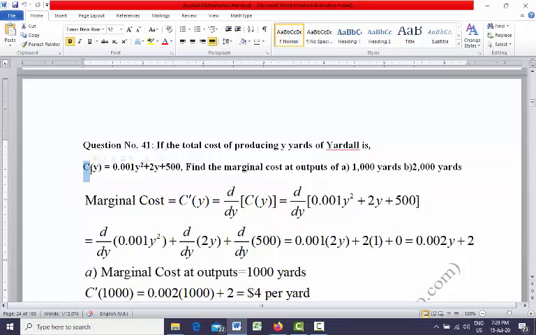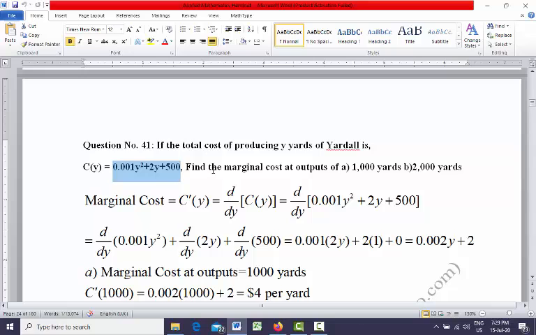Here the name of the function is c, because this is the cost function. That's why we name it like that. The name of the function is c, where y is the variable. So this is the cost function.